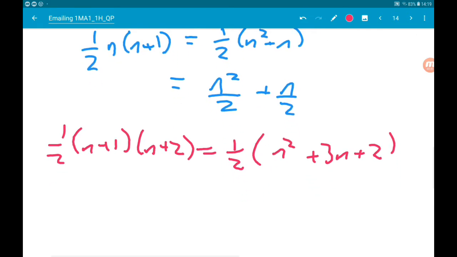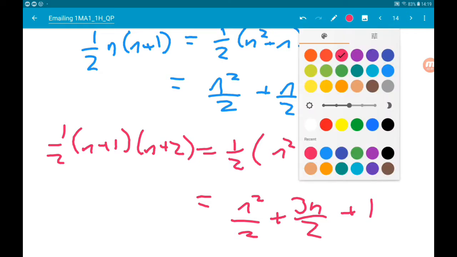So that then is n squared over 2, add 3n over 2, add 1.